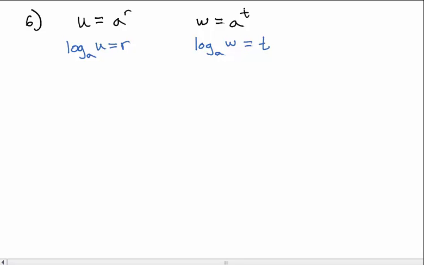But this time, instead of multiplying u times w, I'm going to divide u divided by w. Which means we're really taking a to the r divided by a to the t. And again, our exponent properties tell us that we should subtract those exponents. So that's a to the r minus t.